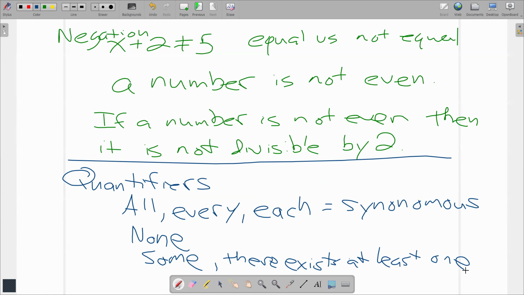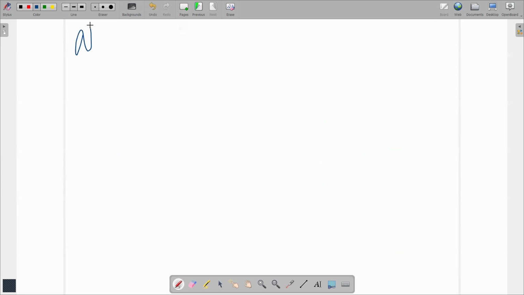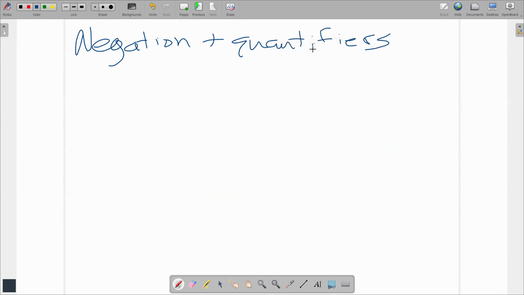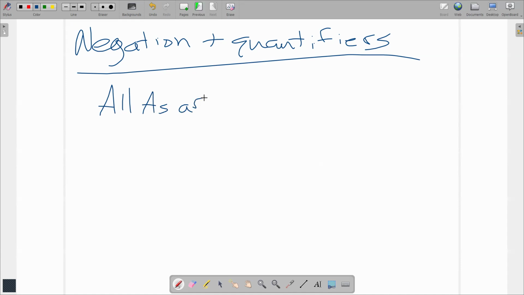All right, negation and quantifiers. How do we negate these? So something like all A's are B's.